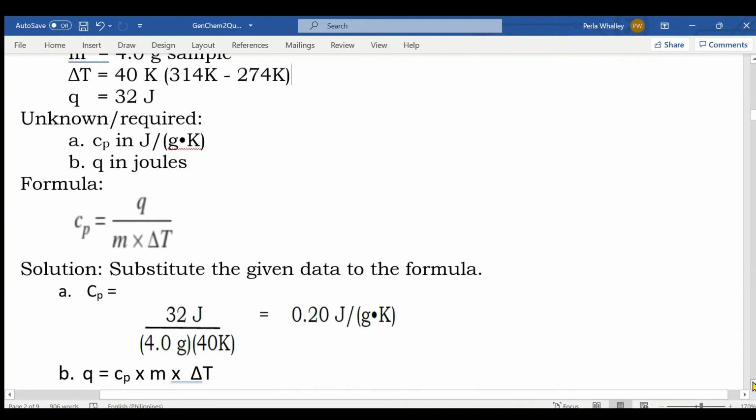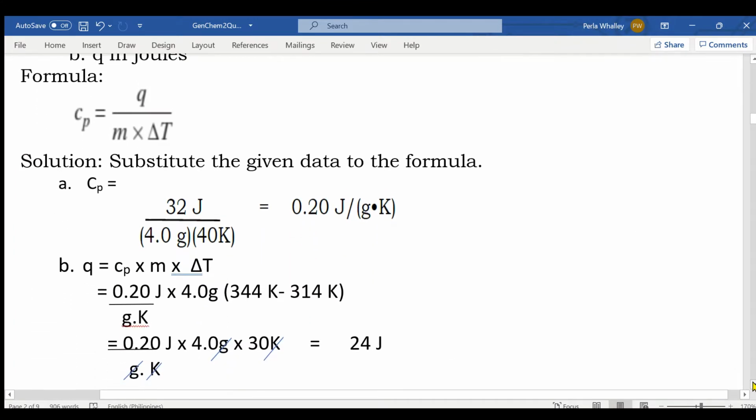So, the formula. Cp is the specific heat at constant pressure, Q is the heat, m is the mass, and delta T is the change in temperature. We have those values, and what we need now is to substitute the given data into the formula.